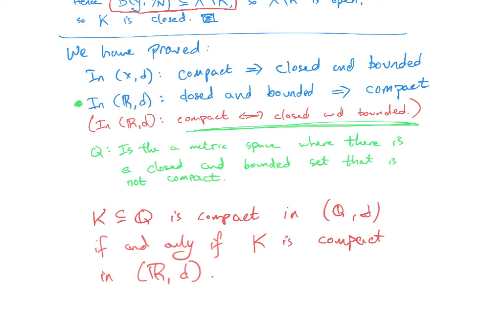So Benjamin, you pointed out, you have an example. You said pick any irrational number as your supremum. That's an issue.